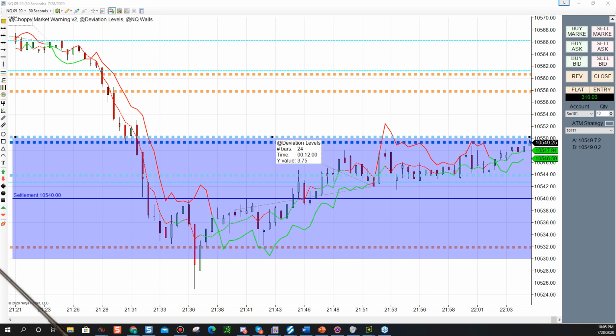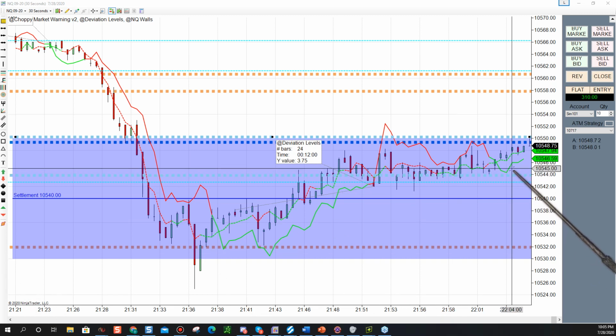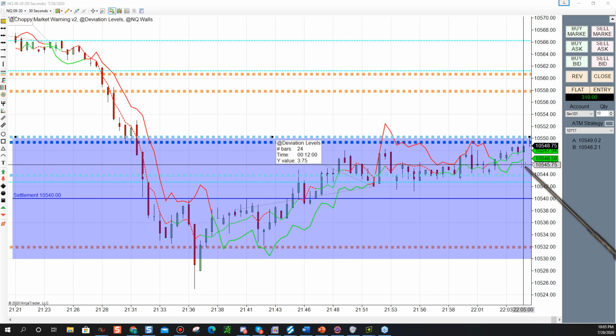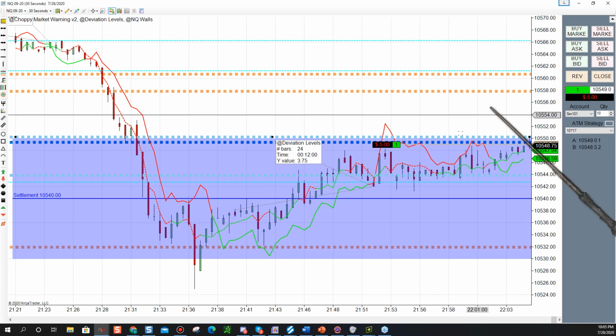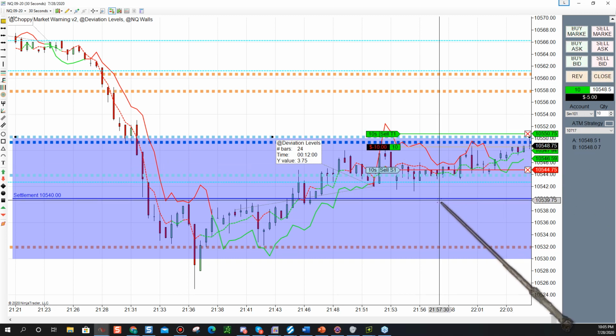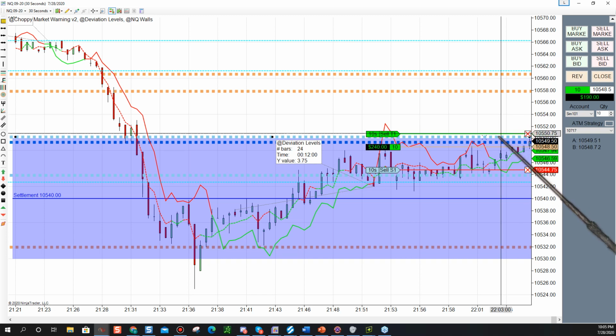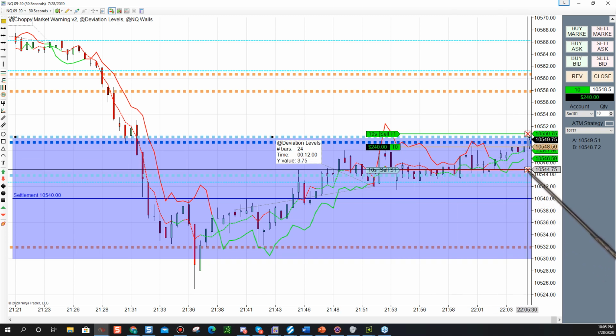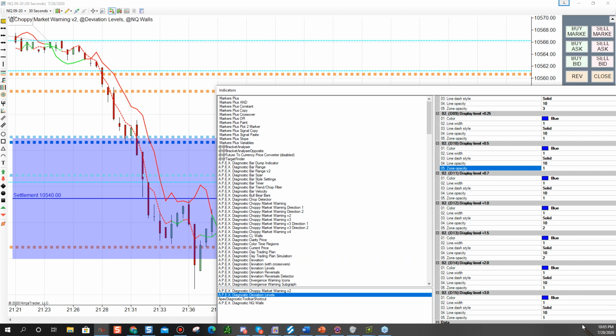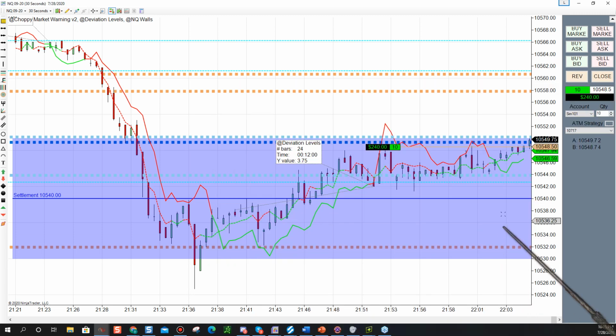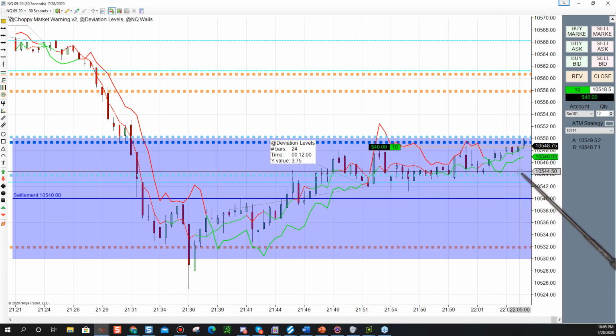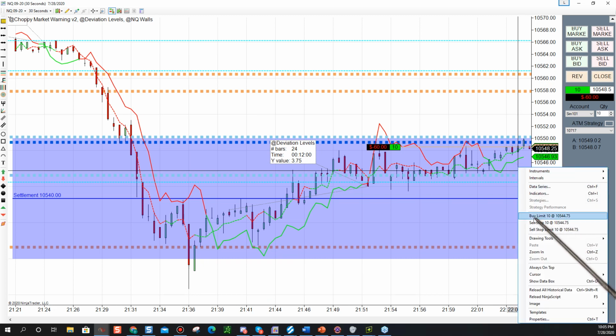Okay? So you could look at this and go, we angled up, we just broke the high, buy market. That would be an example right there. Get rid of my ATM. Grab here and go in.